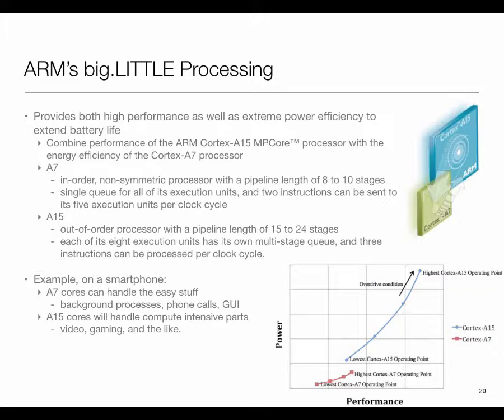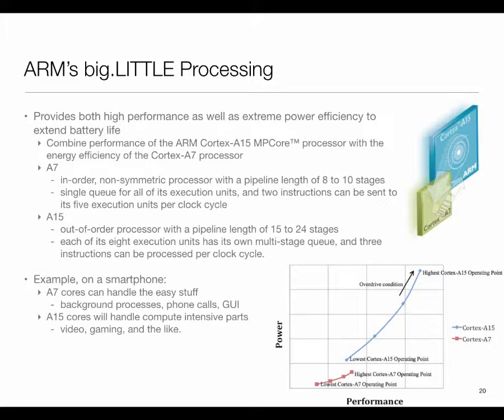So this one obviously has a more complicated design, a deeper pipeline. Additionally, for example, each execution unit has a single queue and 2 instructions can be sent. In this case, there is a multi-stage queue and 3 instructions can be processed per clock cycle. Just generally speaking, it's an architecturally more complicated processor.